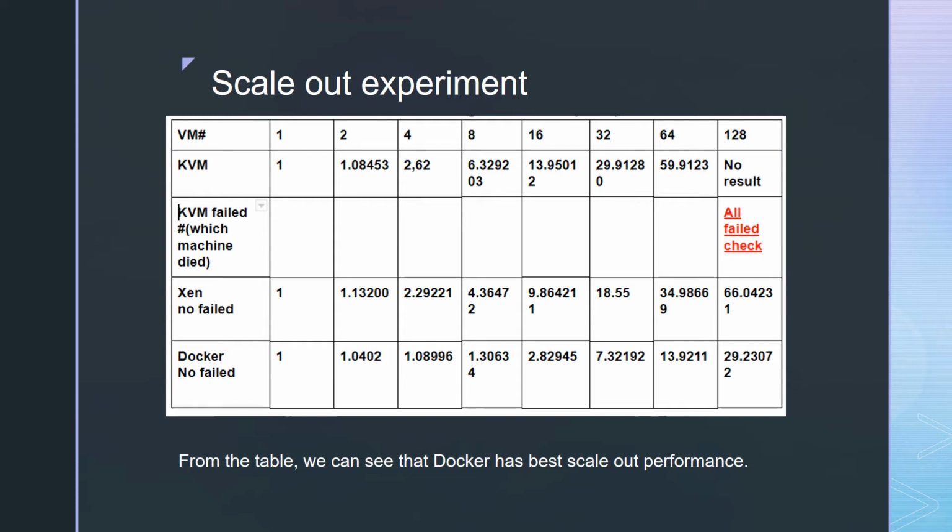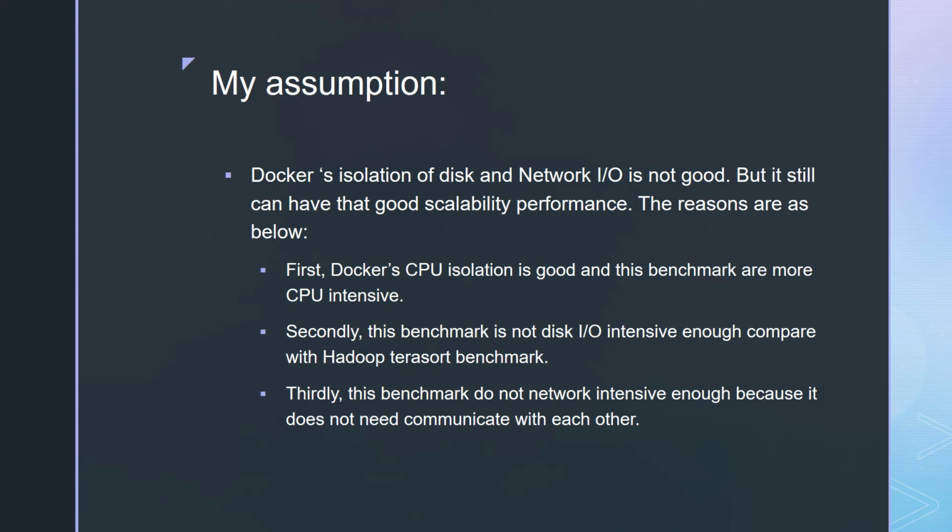Also, Docker doesn't need much resource overlap when it does the Apache compile, so it won't affect their performance that much.